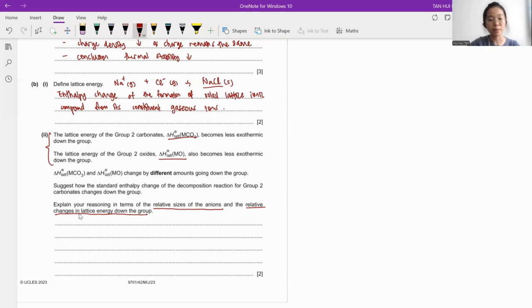But now it mentioned different amounts. So which one becomes less negative? I like to use the word negative because it gives a clearer picture for myself and it's easier for my thinking process to tackle this question.